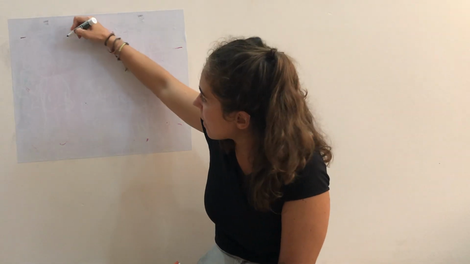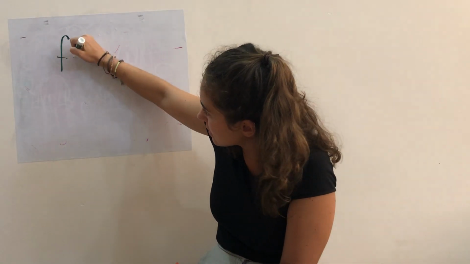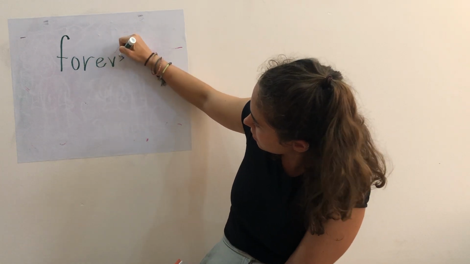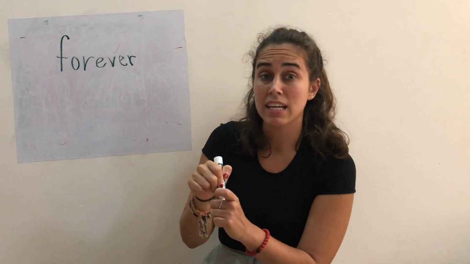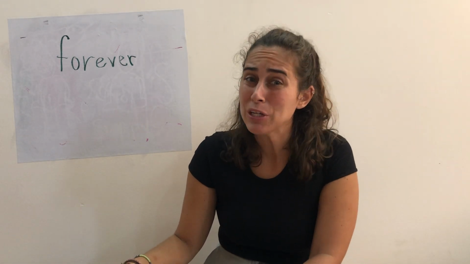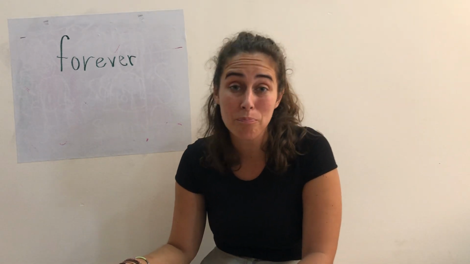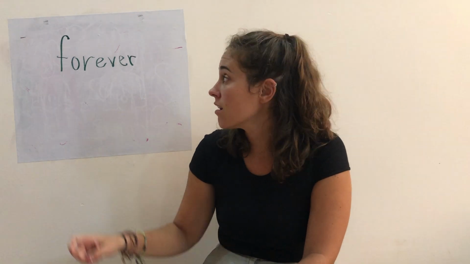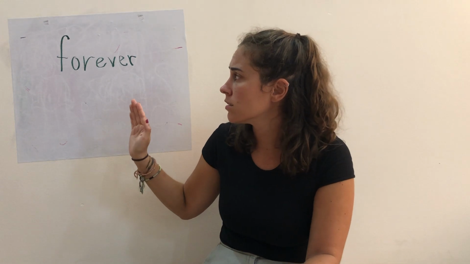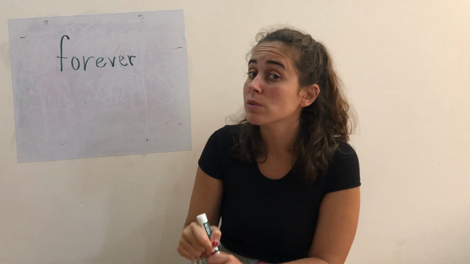But what about when we have a word like this? We look at it and go, oh no, that's a big, scary word. And I know that big words can be scary. But if we break down the word, it'll help us read.